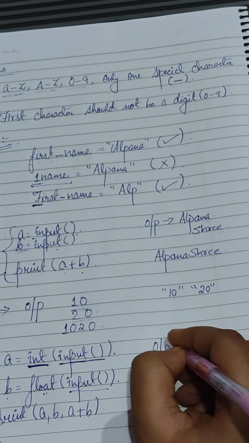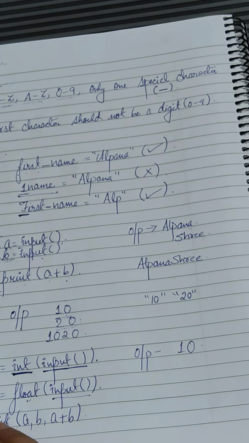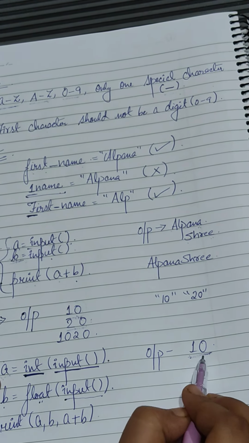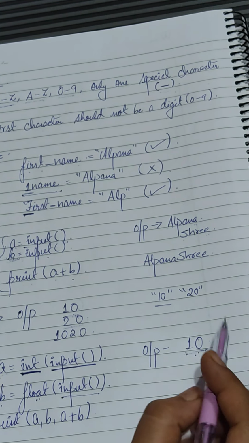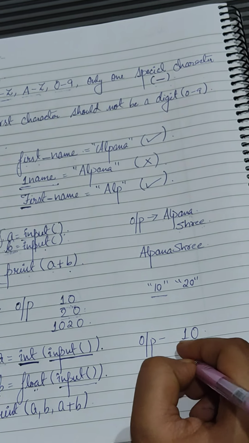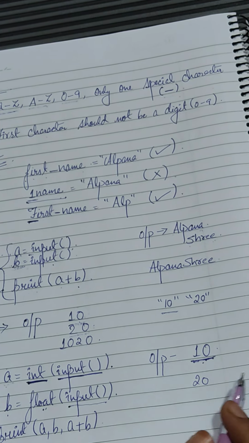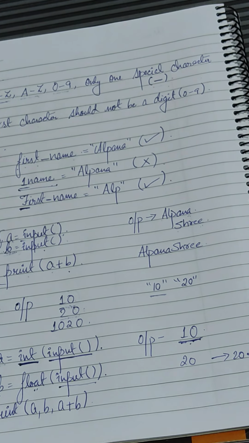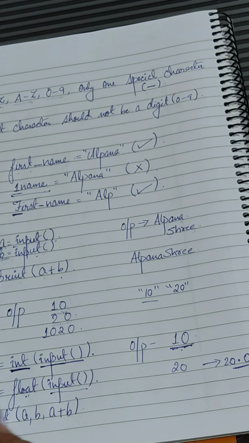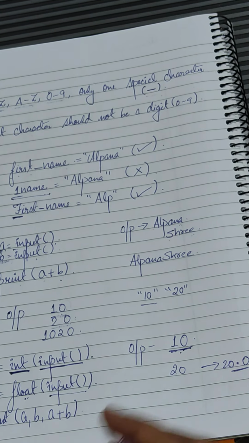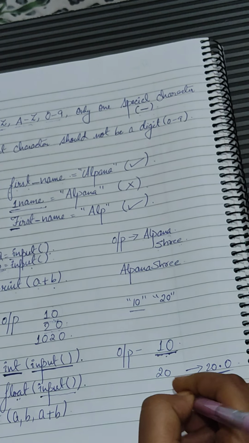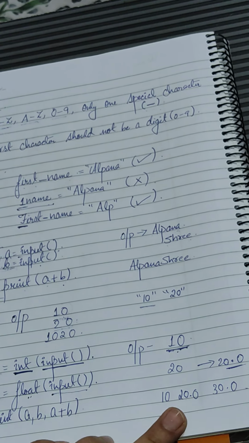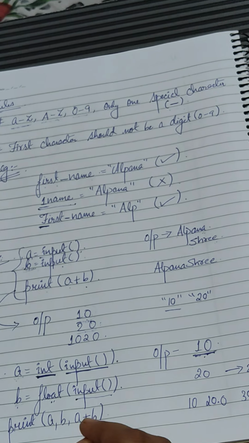What will be the output? I am storing 10 in a. Now this 10 is an integer, not a string value. The second one is 20, which should be a float value, so it is stored as 20.0 in b. So our output is 10, 20.0, and 10 plus 20 equals 30.0. Why are we getting the summation here?